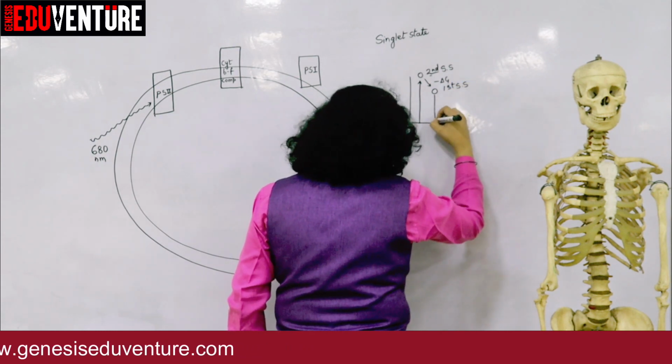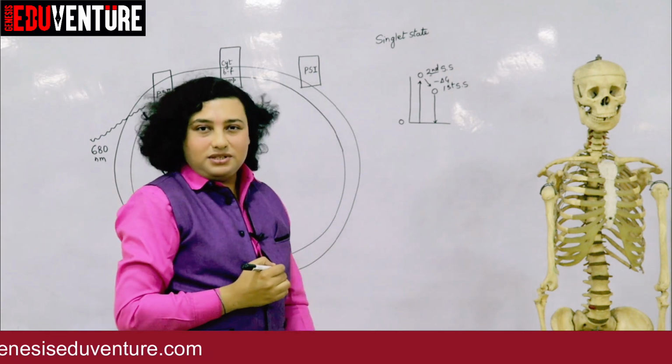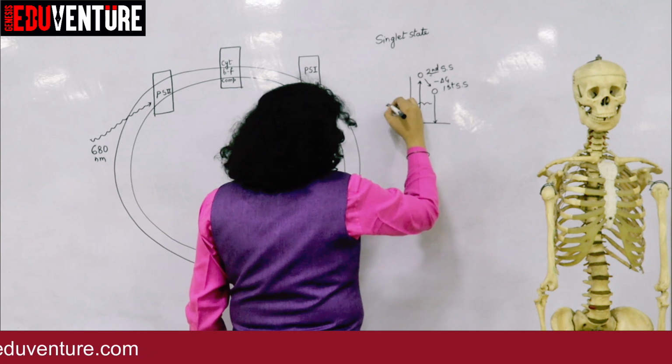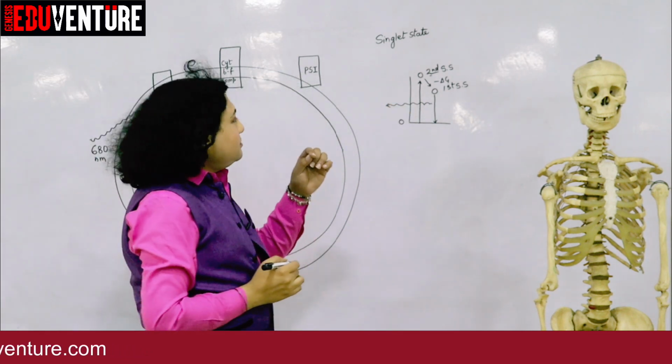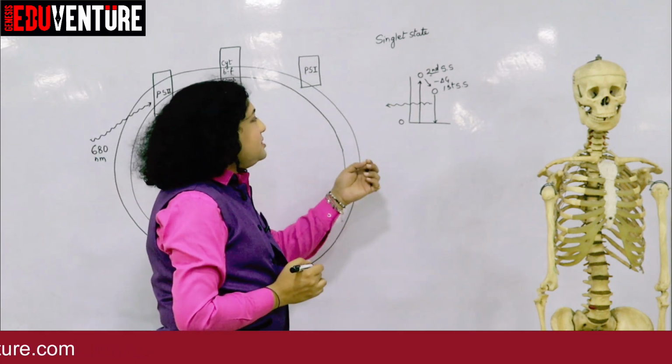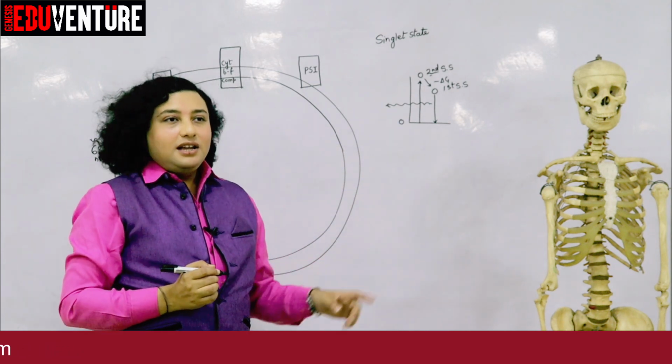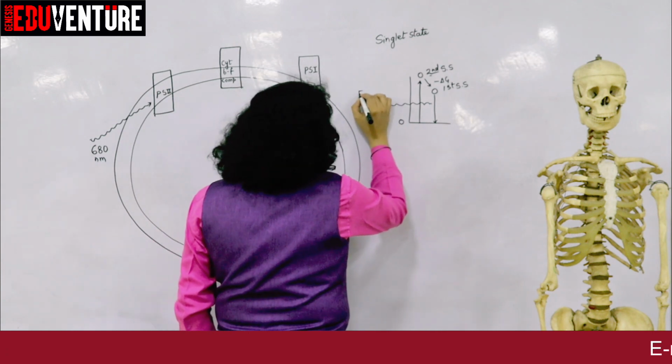From the first singlet state, it can come back to the ground state by releasing light energy of a wavelength greater than that of the incident light. That is known as fluorescence.